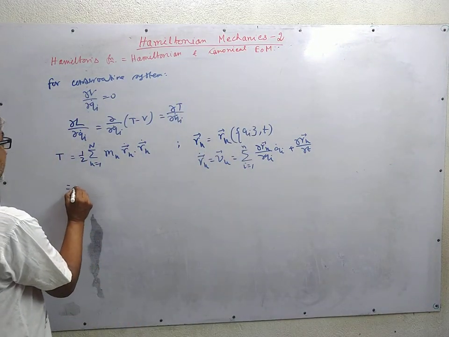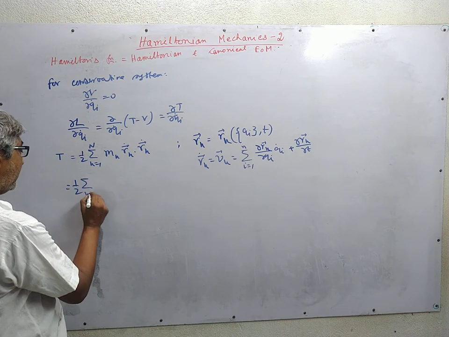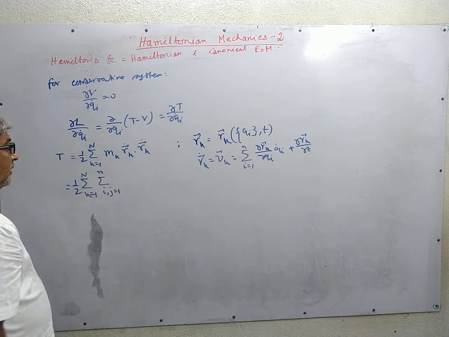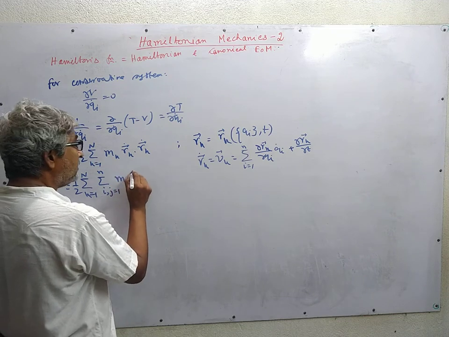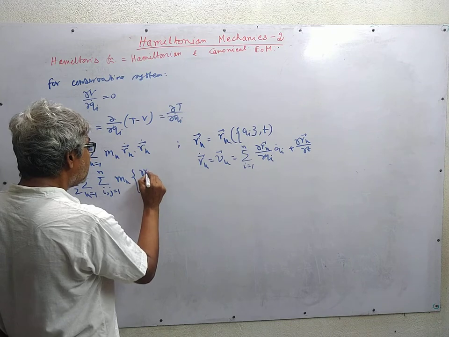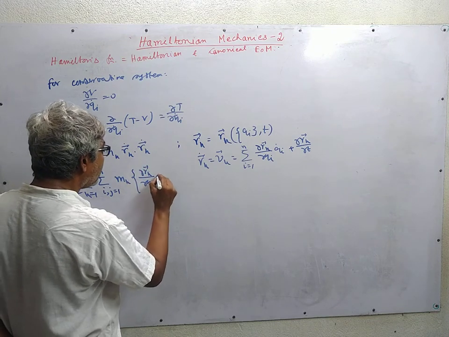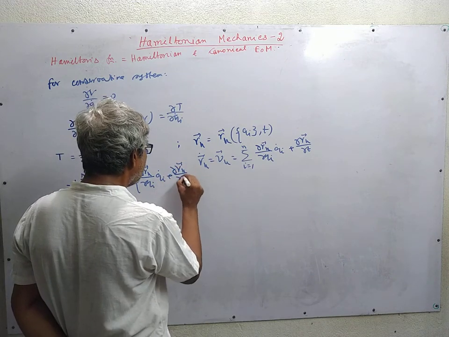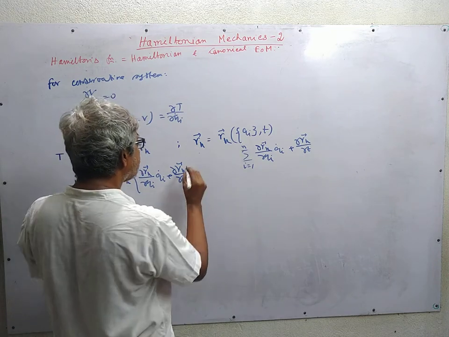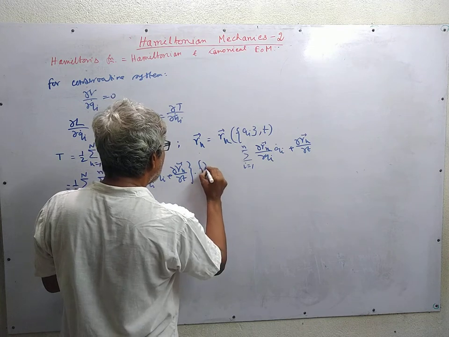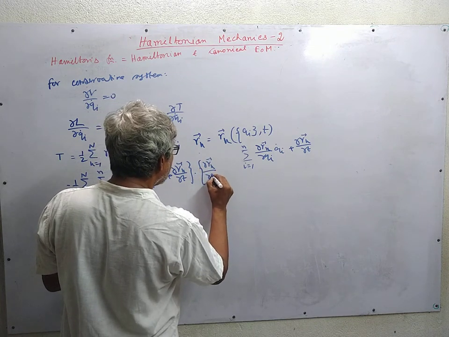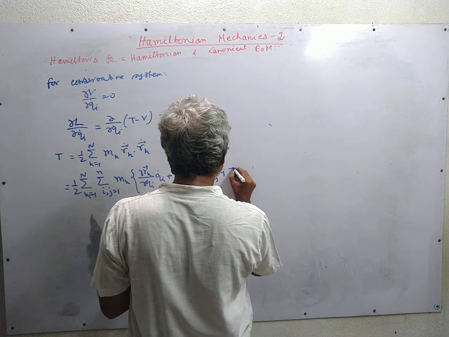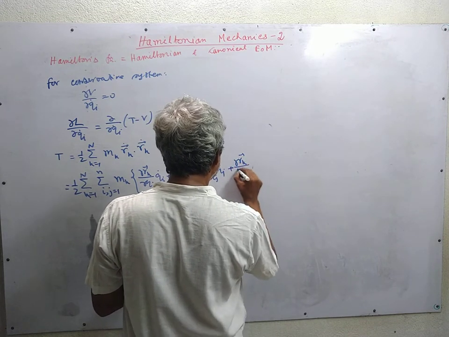So this expression becomes half summation over k equal to 1 to N and summation over i and j equal to 1 to small n, Mk times del Rk del Qi dot plus del Rk del t, and another similar expression dot del Rk del Qj dot plus del Rk del t.